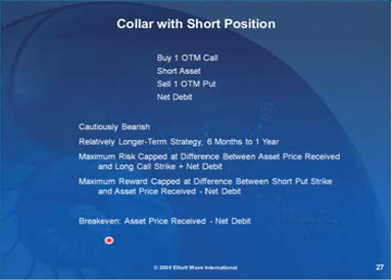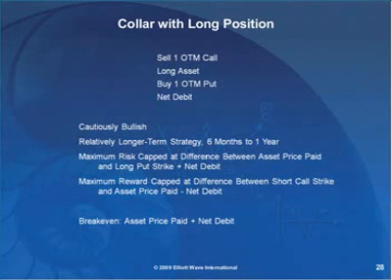And the long collar, which was that first diagram we looked at, we go long, sell an out-of-the-money call, buy an out-of-the-money put, we have a net debit, cautiously bullish, and then it's the same particulars, maximum risk and maximum reward slightly different because now we're on the long side, and your breakeven to the upside is the price you pay plus that net debit.